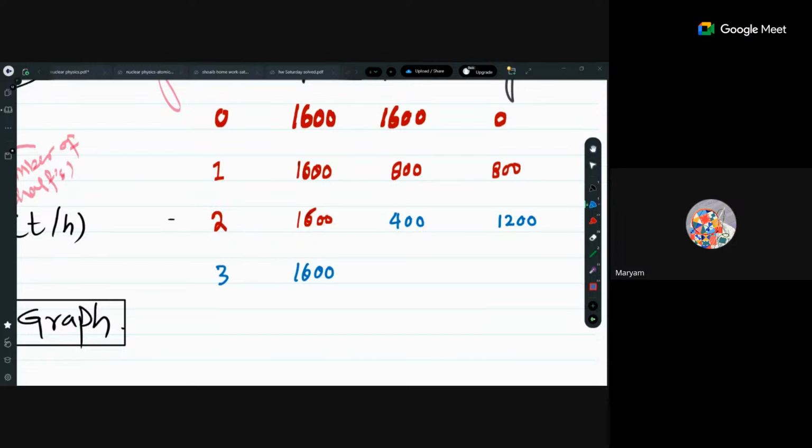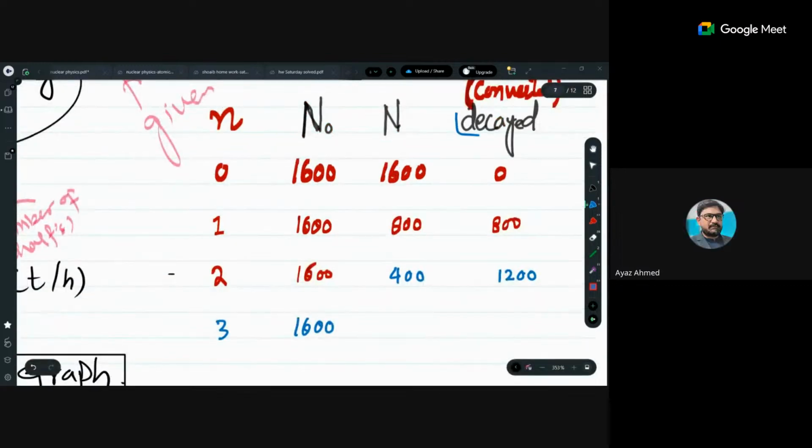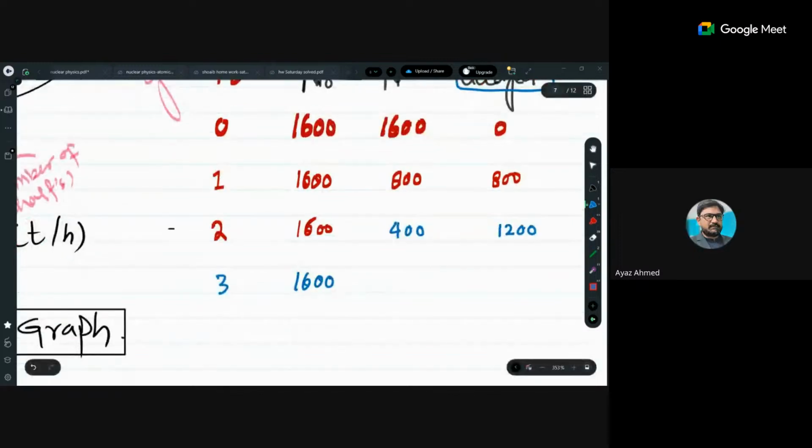In the last column, I have written the decayed ones which have just disintegrated. So you are left with 200, and decayed are how much? 800, 1200, and then 1400.